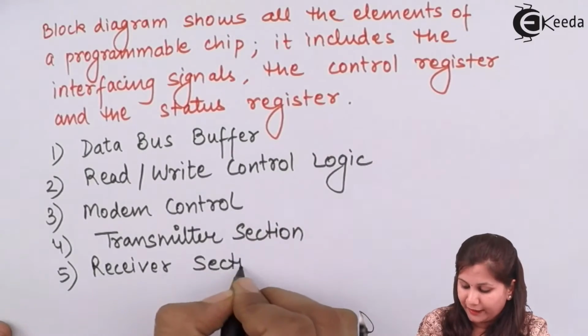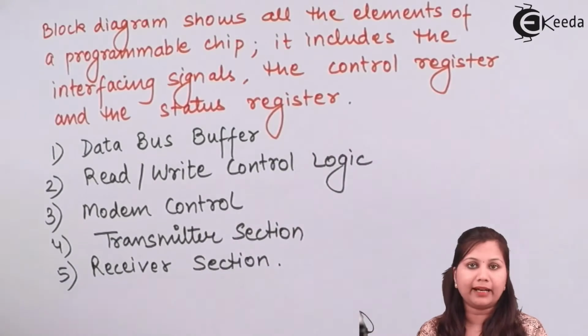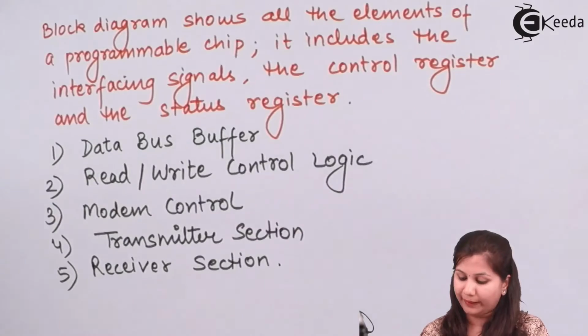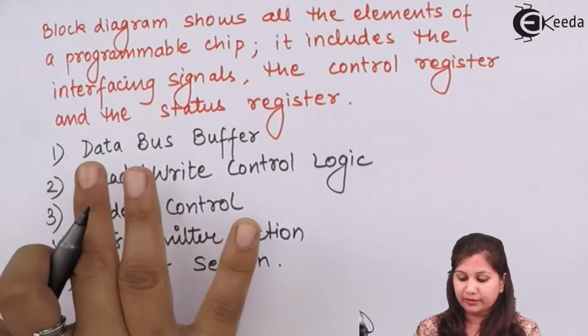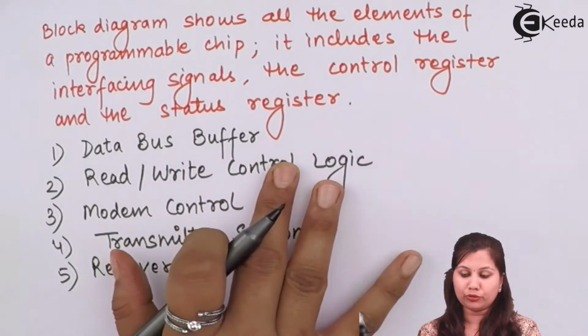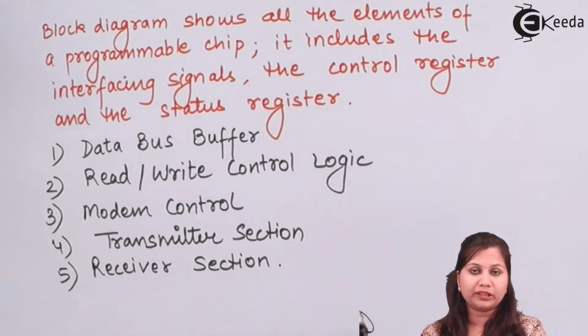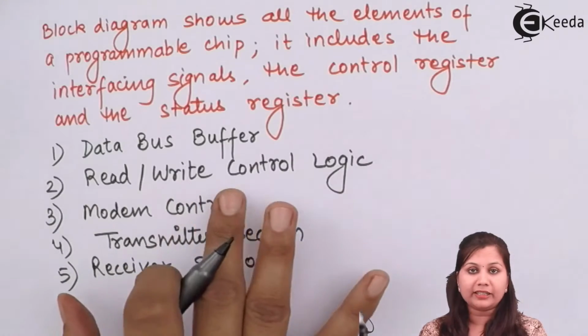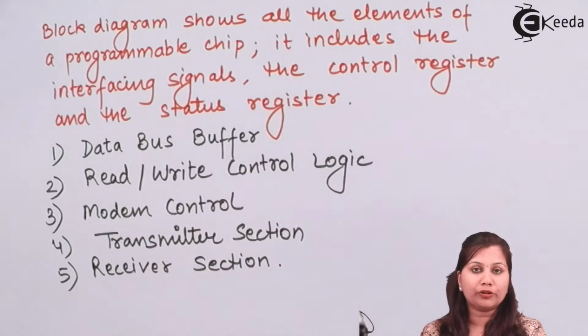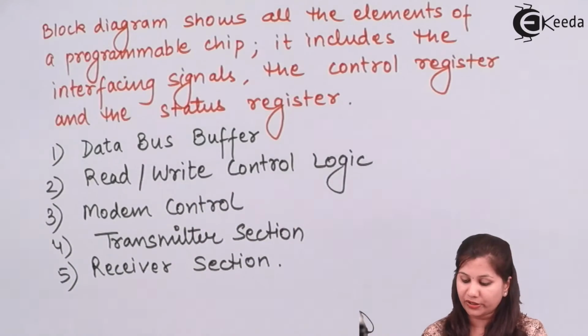So these are the 5 sections in which the block diagram of 8251 is divided. In the first, data bus buffer, we are going to see how the data bus is interfaced with the 8251. Read write control logic will include the control register and the status register.